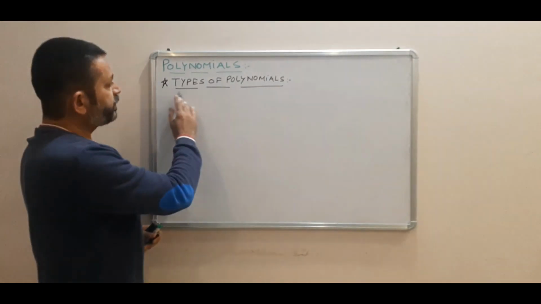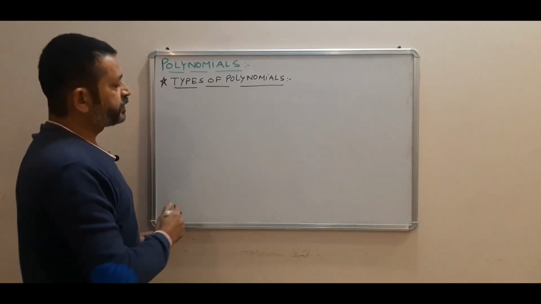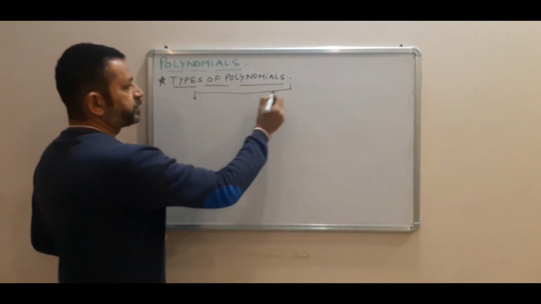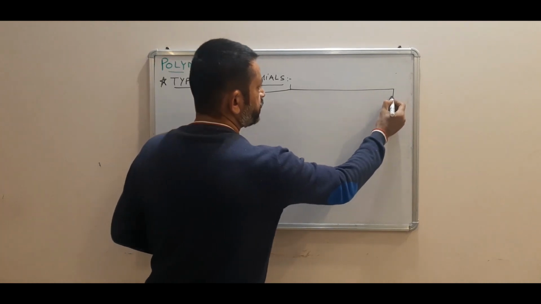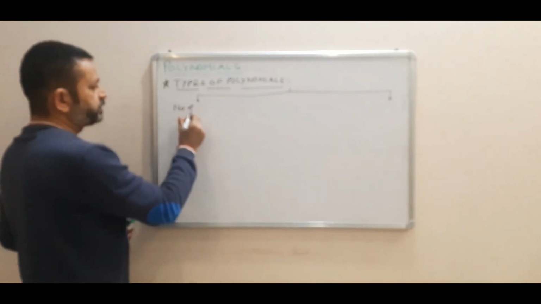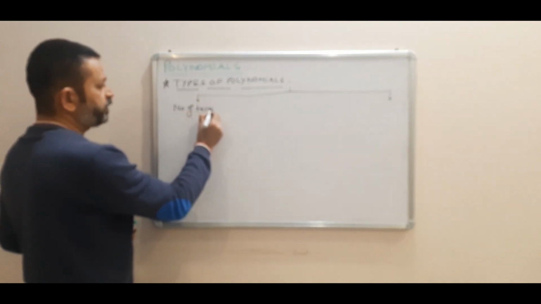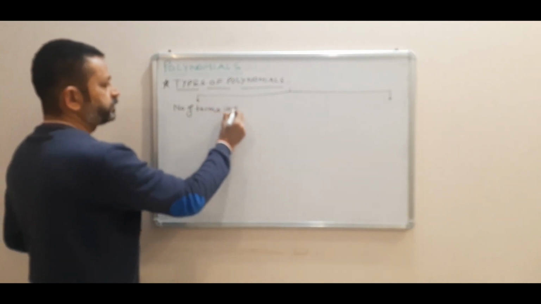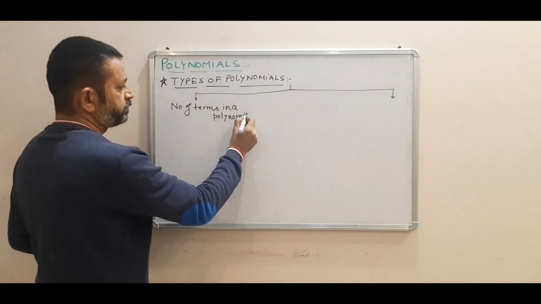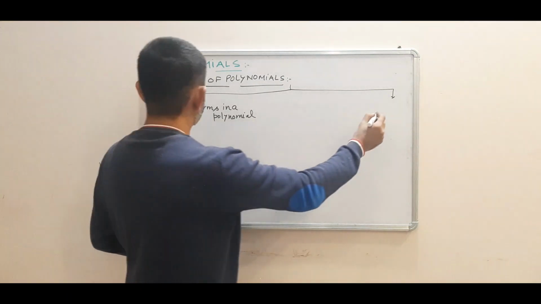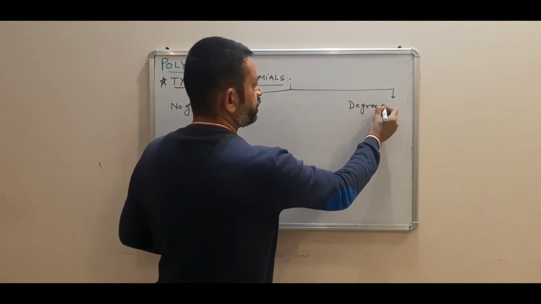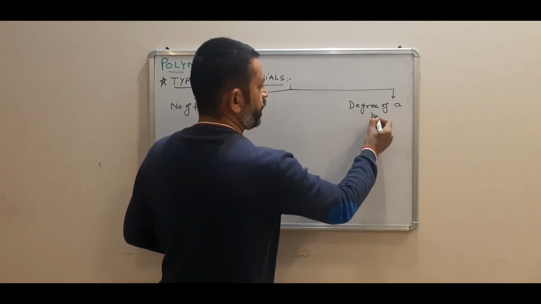Now, the next topic is types of polynomials. We can divide polynomials on the basis of the number of terms present in a polynomial, and the second basis is the degree of a polynomial.